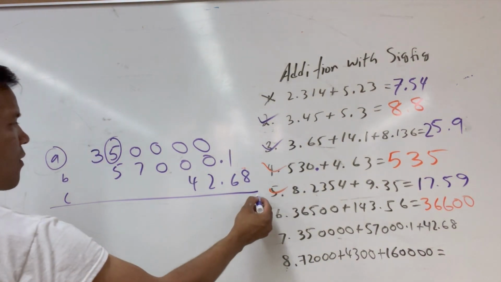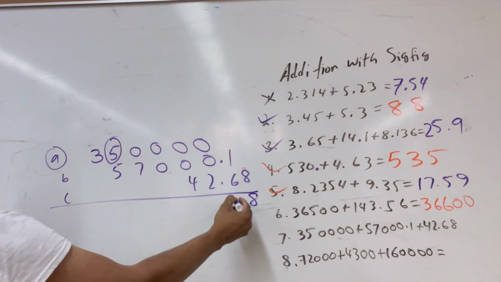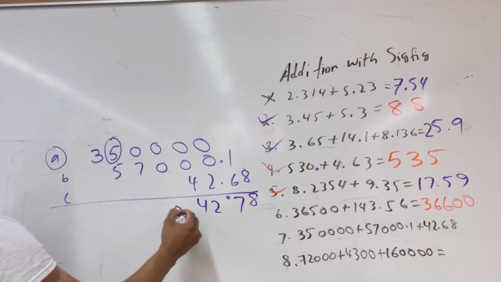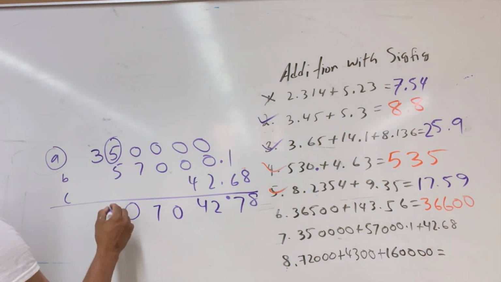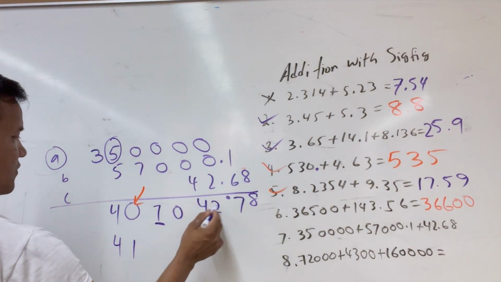So now 8, 7, 2, 4, 0, 7. All right. So now you have to circle your target. This is your circle. Okay. So now you're going to write your answer based on the next digit. So 4 1 1 2 3 4.